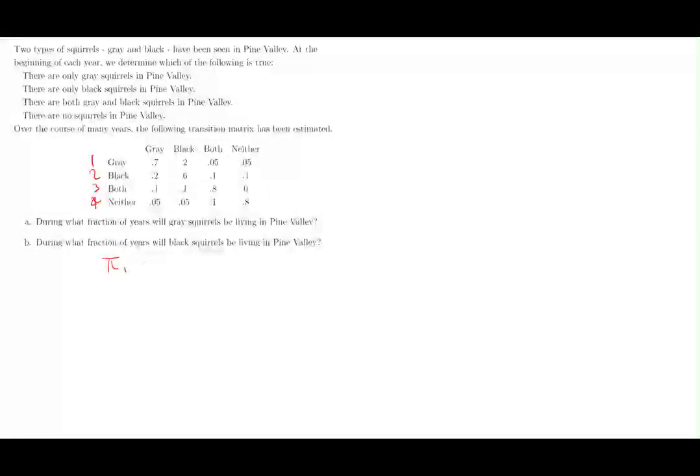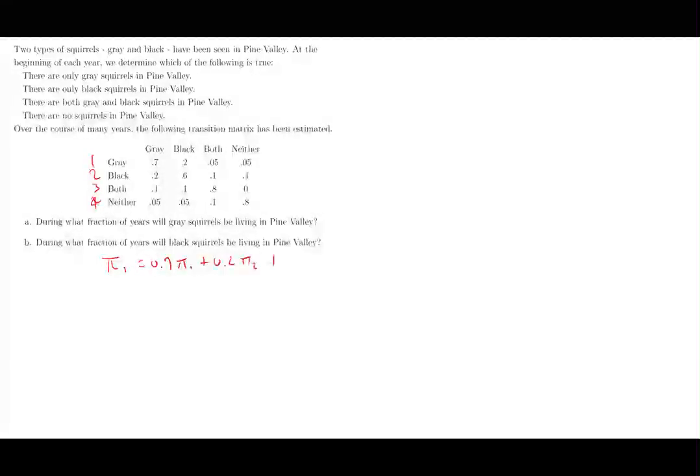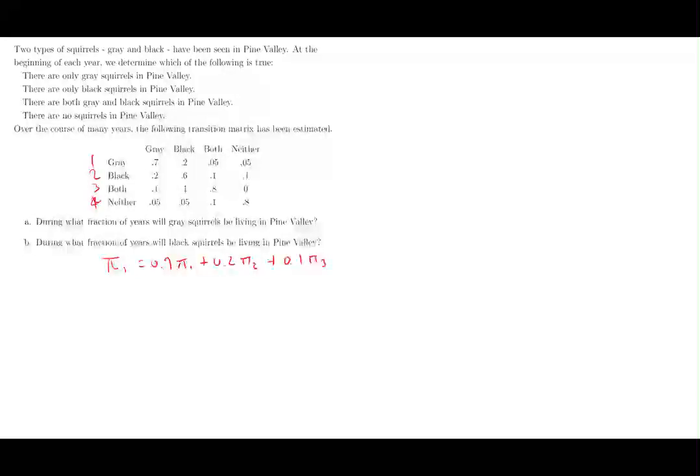I'm going to set up my equations. Pi1 equals 0.7 pi1 plus 0.2 pi2 plus 0.1 pi3 plus 0.05 pi4.